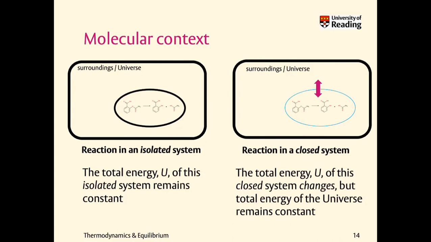So let's think about that in terms of the environment that we are doing this experiment in. So the total energy of the isolated system must remain constant. So if the reaction is in an isolated system, within that system, the total energy must remain constant.